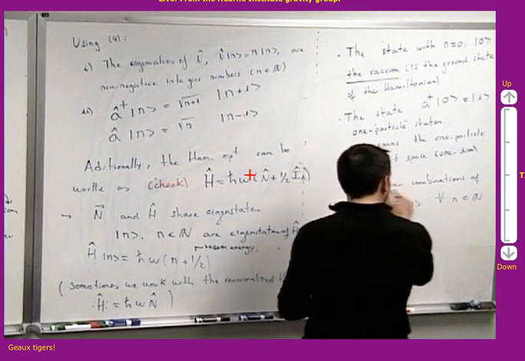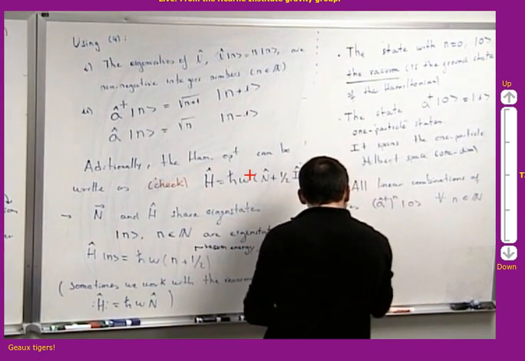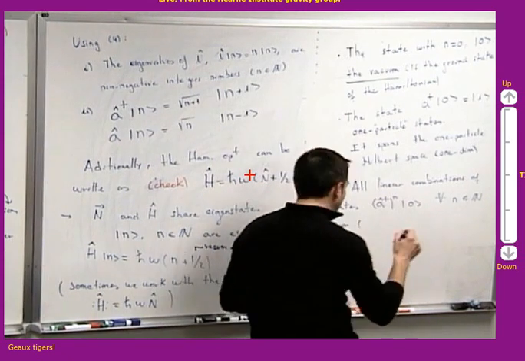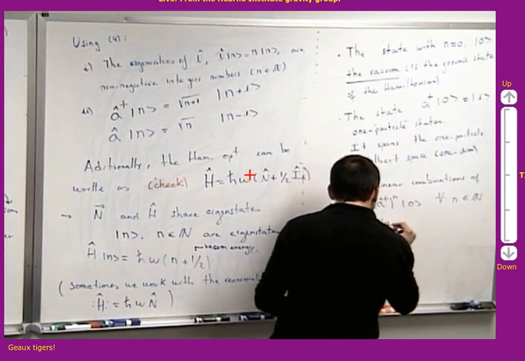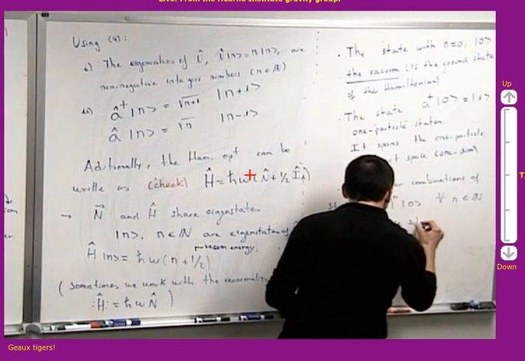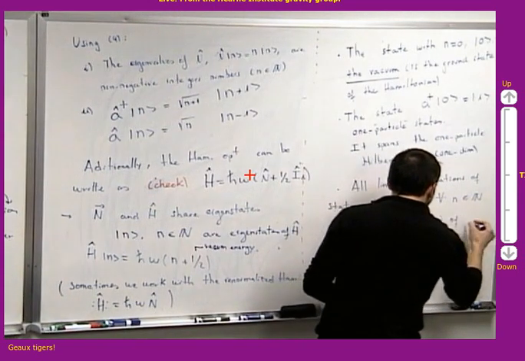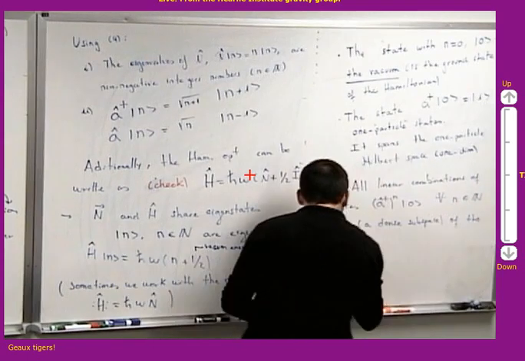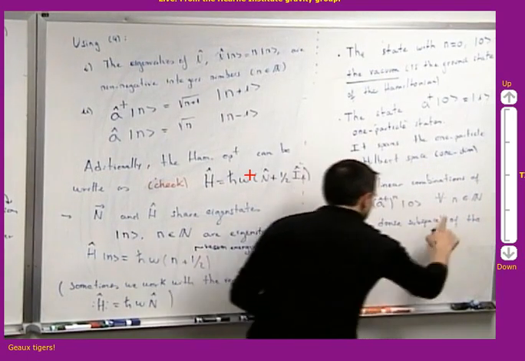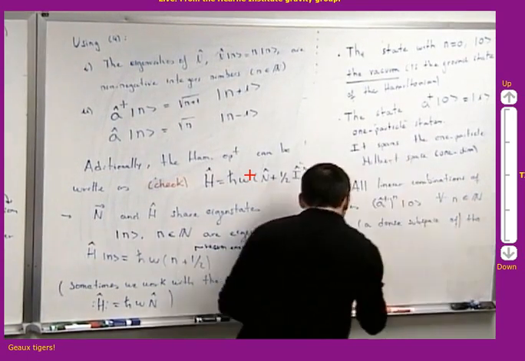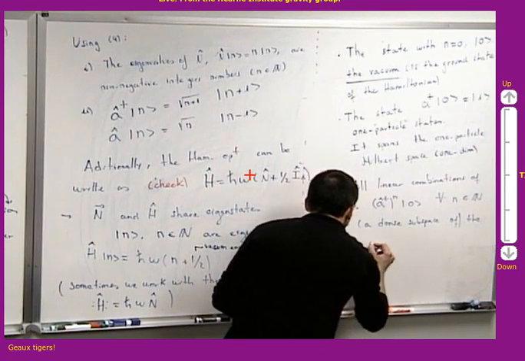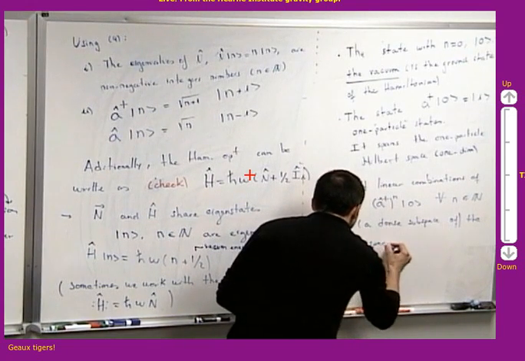One technical point: they form what we call a dense subspace of the Hilbert space. This is just a name.